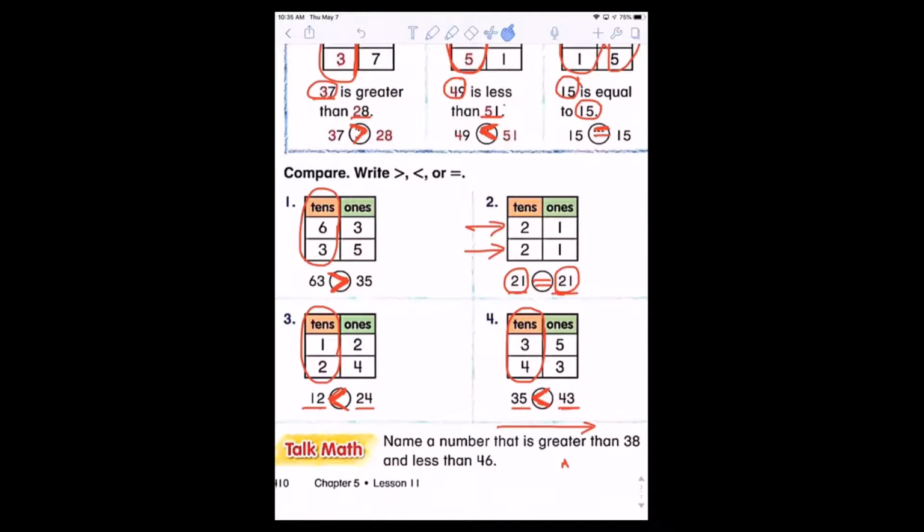Now listen to the other part. Name a number that is greater than 38 and less than 46. So now it's a number between 38 and 46. Any number, Santiago, between 38 and 46. What could be a number?